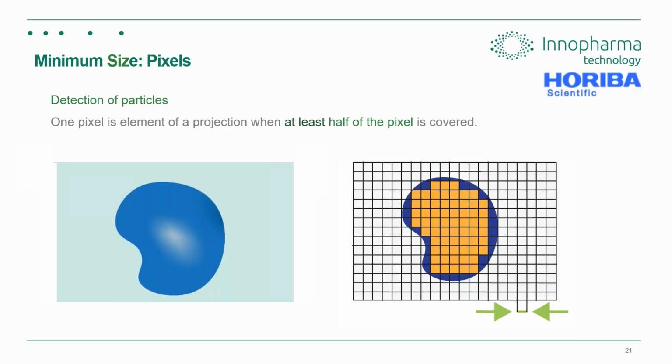And in order for a pixel to detect an edge or a boundary, we're looking for at least 50%, or over half, of one of these pixels being filled with the projection. You can see all the orange boxes. It's quite blocky, looks a little bit like Minecraft, but that's what the system is picking up as the shape that's going to be represented in your digital system. A little bit more on that in a moment.